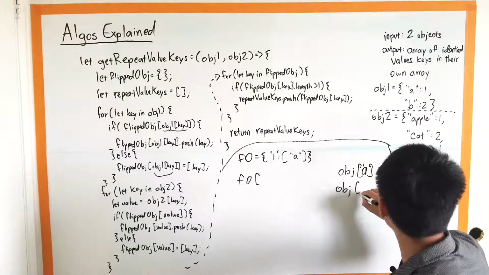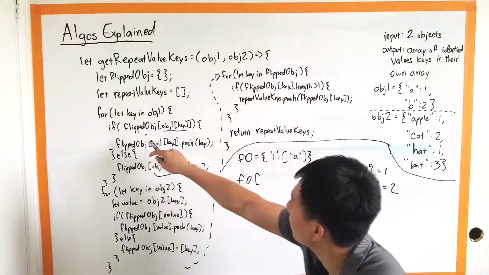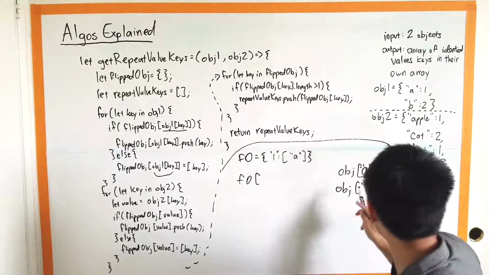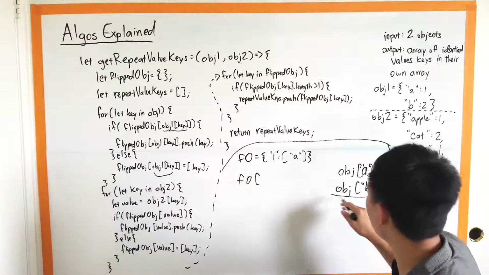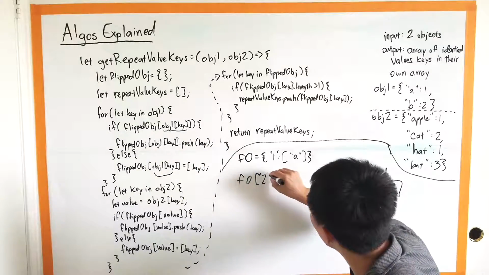OBJ of B, that is 2. Since we're doing flipped object of OBJ of key, we're looking at this value 2.